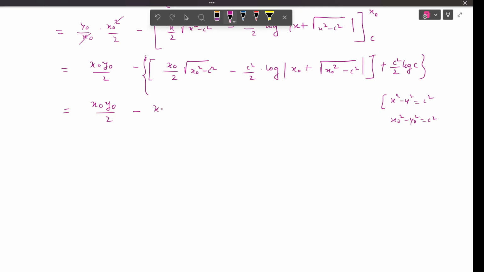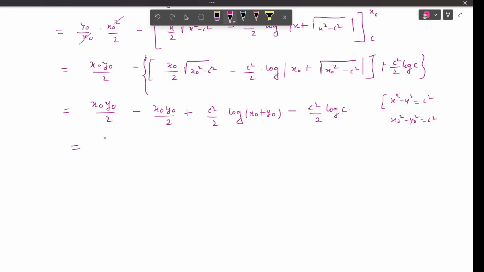So this would be x naught y naught by 2, this minus minus would be plus c square by 2 into log of x naught plus y naught, and this is minus, plus minus minus, this is c square by 2 log of c.